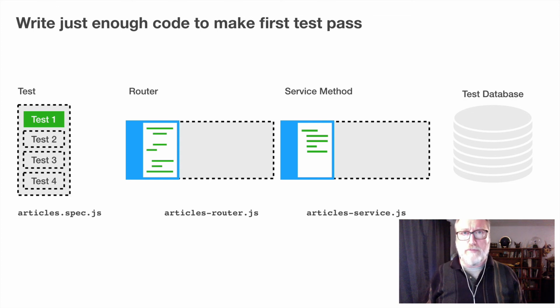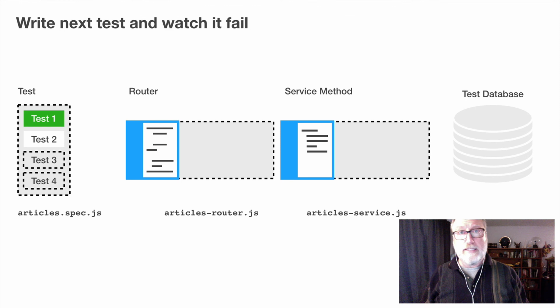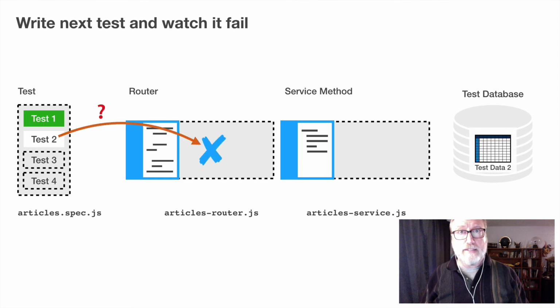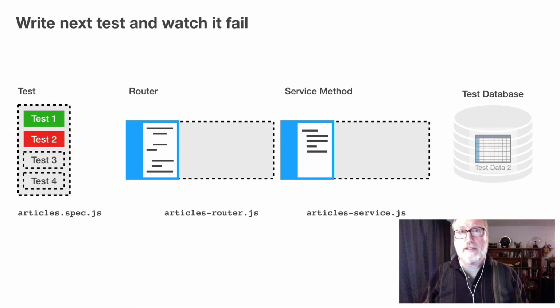You've got a little bit of router code, a little bit of service method code, and you're on to the next test. You write the next test, and you watch it fail. It's got a little different test database to support whatever it needs, or maybe it doesn't have anything in the database if you're checking to see what happens if there's no data.